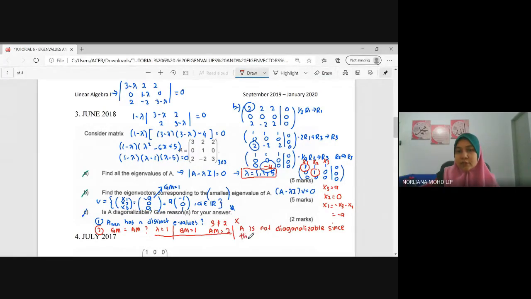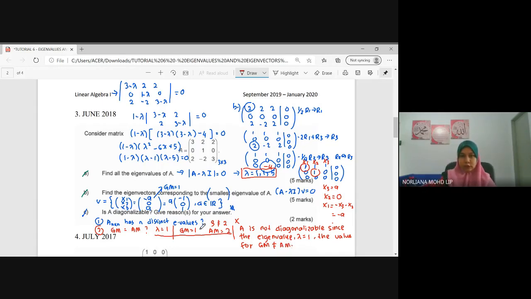Okay, since for the eigenvalue lambda equal to 1, the value for GM, geometric multiplicity, does not equal to AM, algebraic multiplicity. Buat je sini pun boleh.